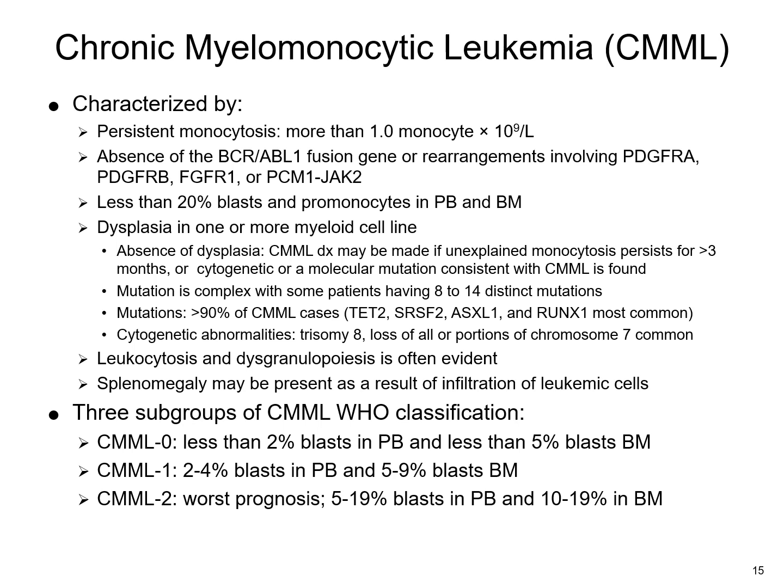Grade 1 has 2 to 4% blasts in peripheral blood with 5 to 9% in the bone marrow. Grade 2 will have the worst prognosis, with 5 to 9% blasts in the peripheral blood and 10 to 19% in the bone marrow. As you can see, the higher that blast count gets, the worse the prognosis is for that patient.